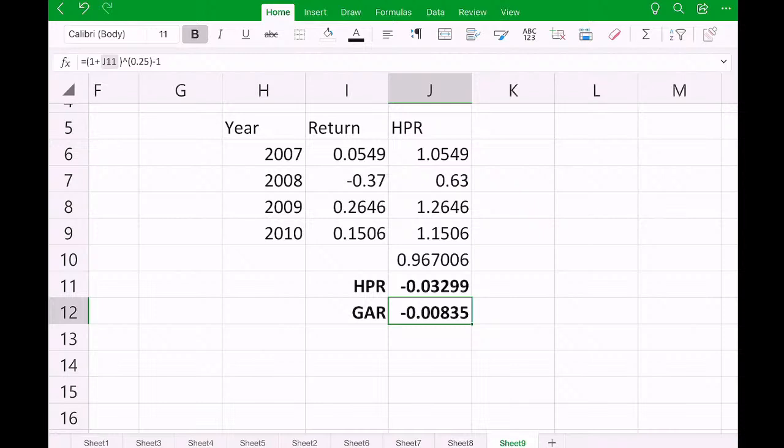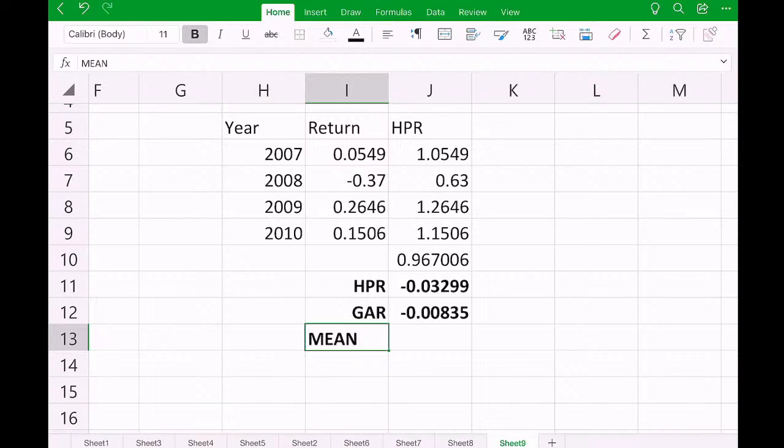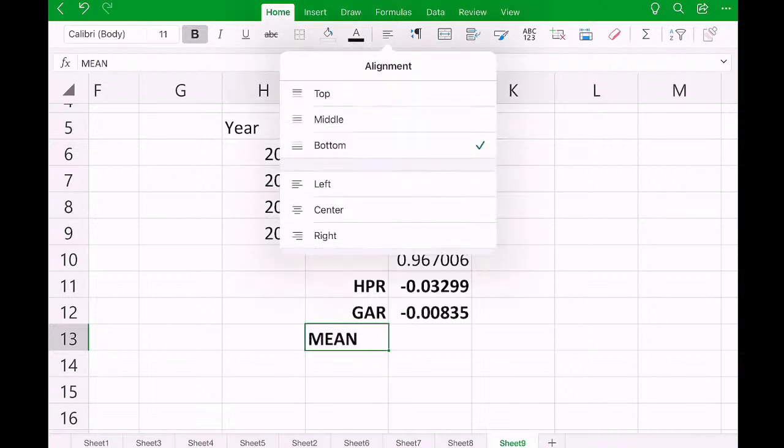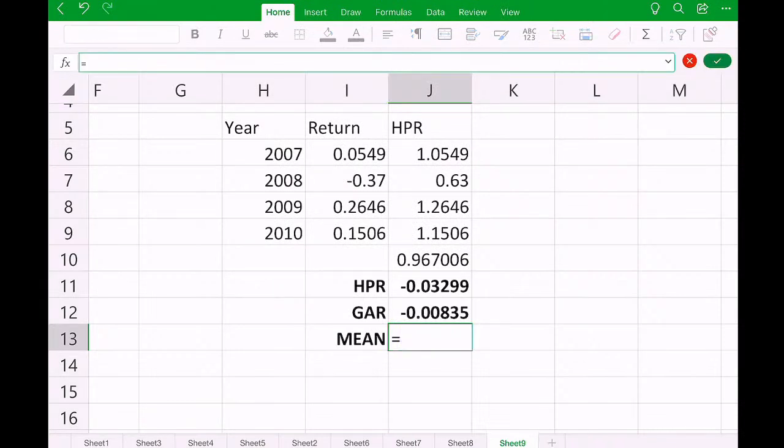You still with me? So those are those answers, and then the average is just simple, it's just adding them up. If I want the arithmetic mean, the regular mean, it's the average.